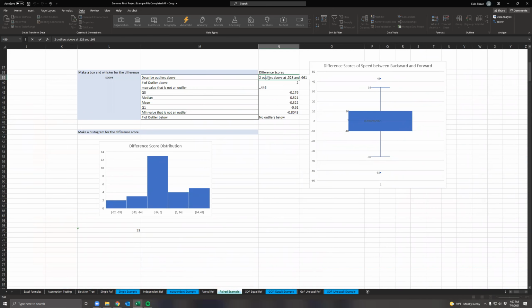There is one outlier above, most likely, at 43, and one outlier below at negative 52.